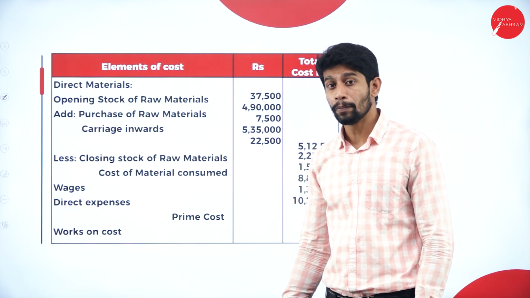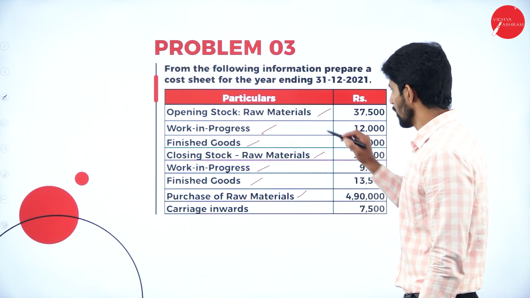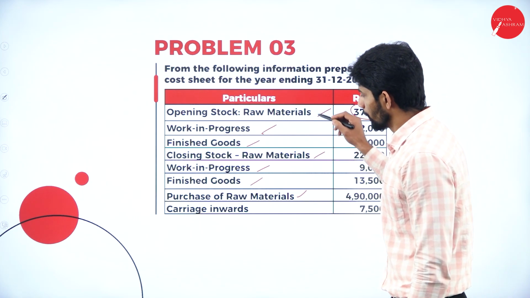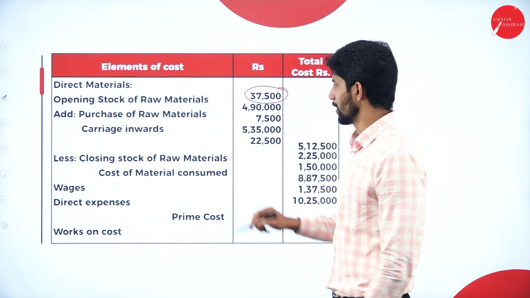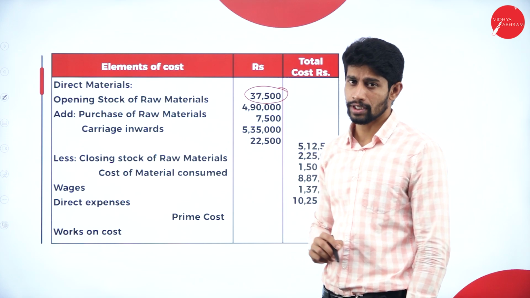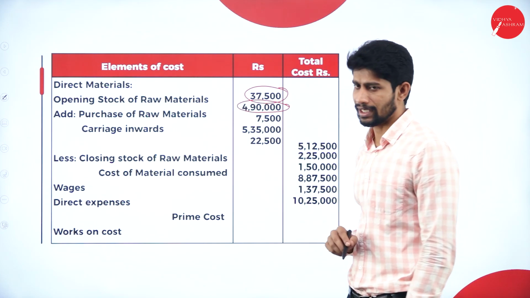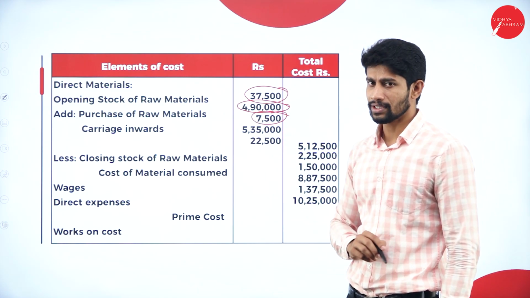In that, opening stock. Yes, what is the opening stock value of raw material? The value of opening stock of raw material is 37,500. So first we are supposed to write the opening stock of raw material 37,500. For that, add purchase of raw material. So value of purchase of raw material is 4,90,000 and carriage inward is rupees 7,500.